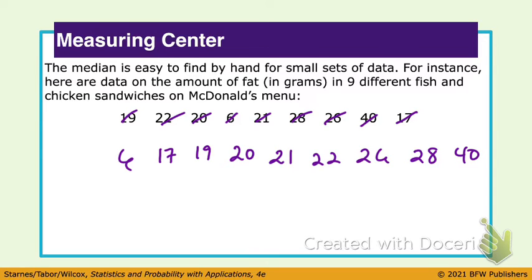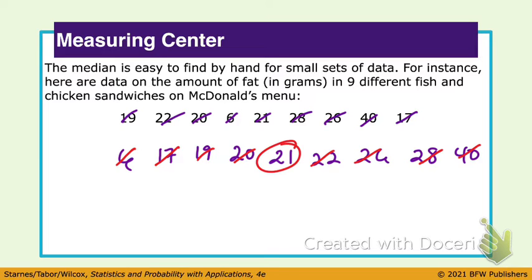Nice. Now we just have to find the middle number. So I just literally mark off the top and bottom each time: top, bottom, top, bottom, top, bottom, top, and boom. I found my median. Do you guys have any questions on finding the median?